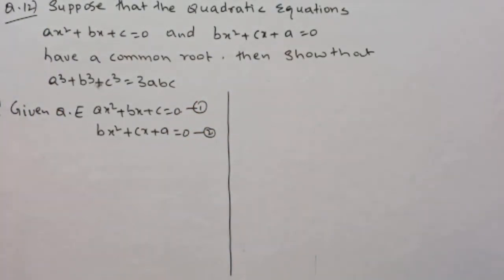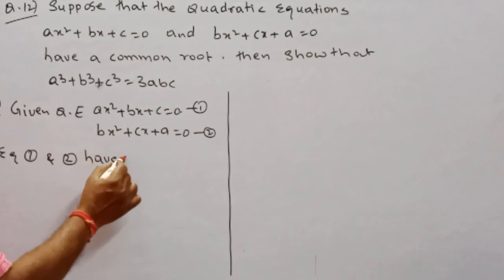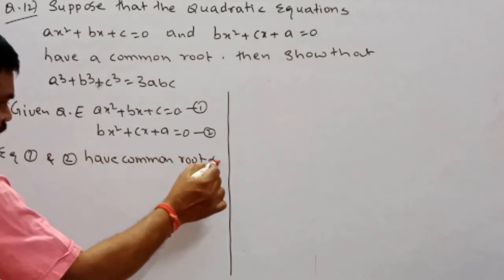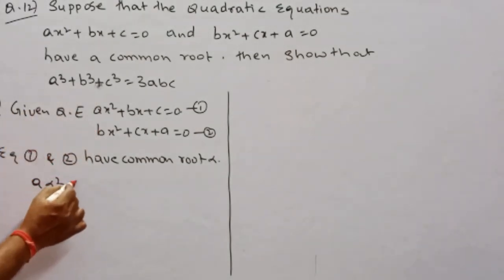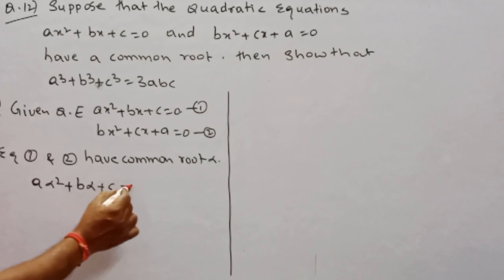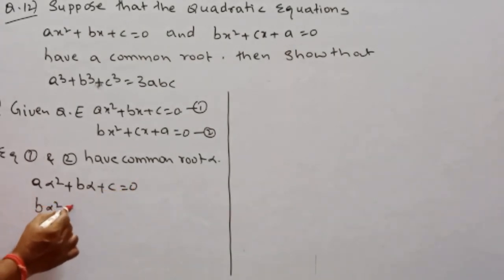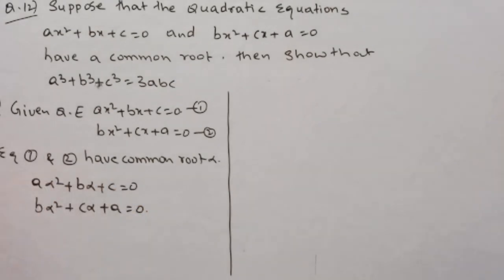Equation 1 and 2 have a common root alpha. Then equation 1: a alpha square plus b alpha plus c equal to 0. Equation 2: b alpha square plus c alpha plus a equal to 0.